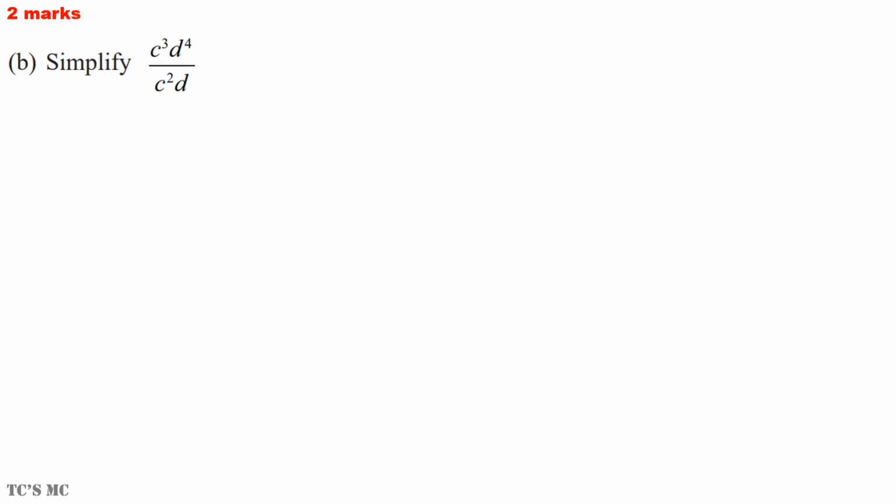Simplify the following. I am going to rewrite this as c cubed divided by c squared multiplied by d to the power of 4 over d to the power of 1. When dividing, we need to subtract the powers.